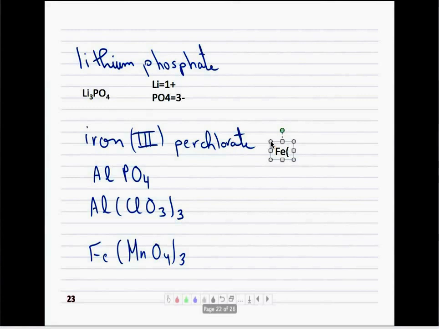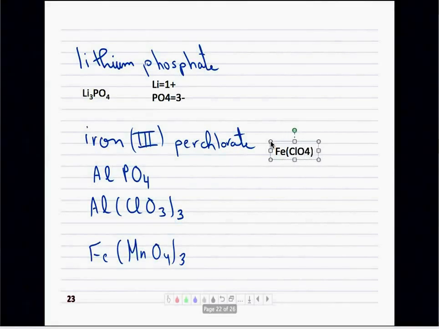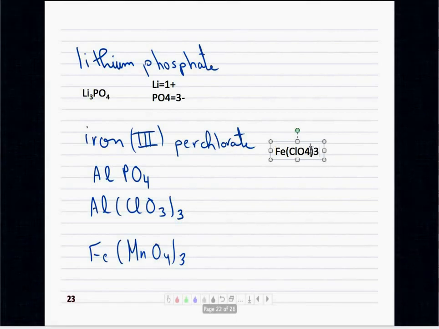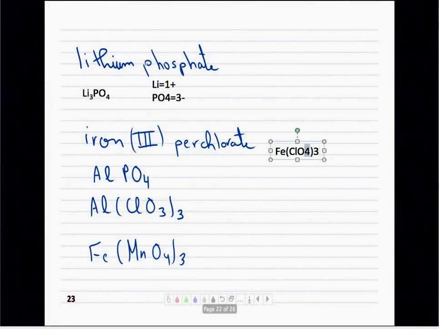So it is Fe3 plus, and perchlorate. By this time you definitely know that this is the perchlorate, ClO4 minus. Then again, you need to balance the charge because it's not balanced. So you need 3 perchlorates to balance that. So it's going to be Fe(ClO4)3, and I need to put the brackets in there, and 3.